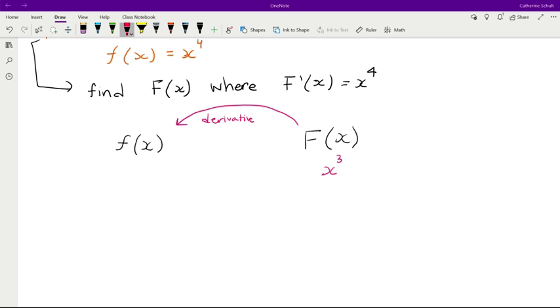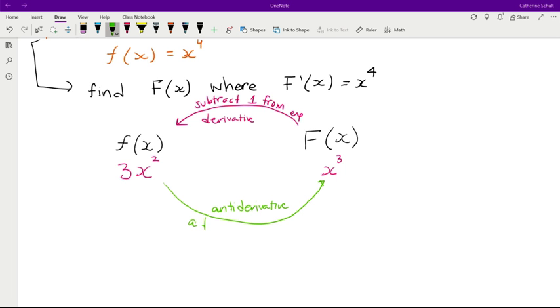We subtract 1 from the exponent and bring that 3 downstairs. Going the other way, in the antiderivative direction, we're going to do the opposite. Instead of subtracting 1 from the exponent, we're going to add 1 to the exponent.